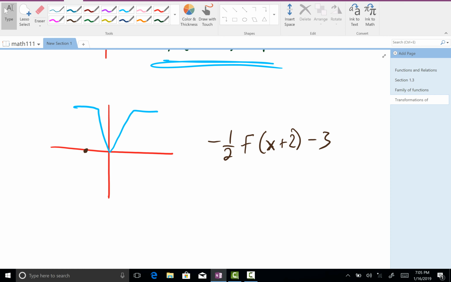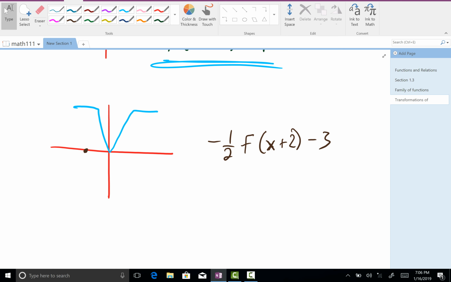So we shifted it over 2. Now what? Bring it in. Bring it in? Is that a compression? Or is it a... So if we stretch this, if I stretch this like this, okay?